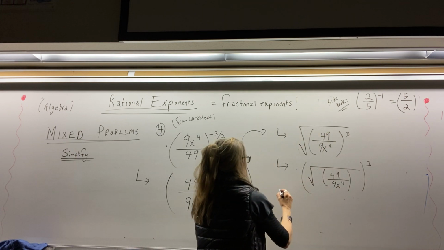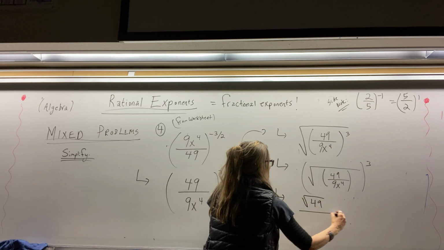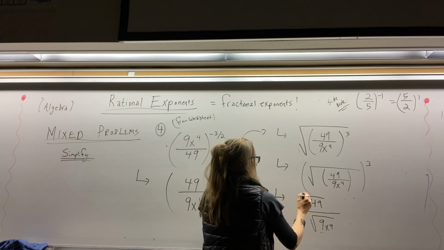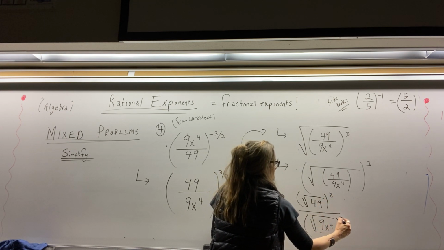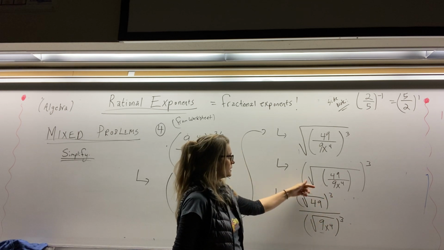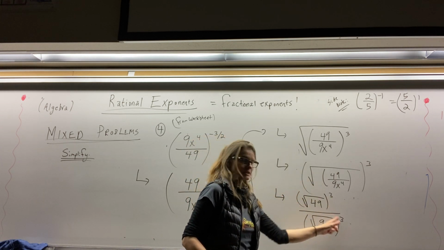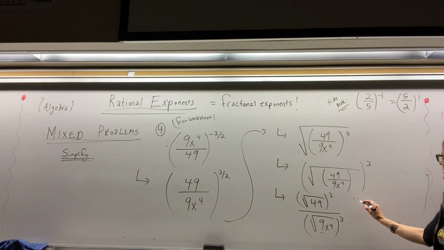Okay, so this gives me the square root of 49 over the square root of 9x to the 4th, and this is to the 3rd power, and this is to the 3rd power. So if I break this problem down into numerator and solve the numerator separately from the denominator, and then put the pieces back together, that might be a little easier on the brain.